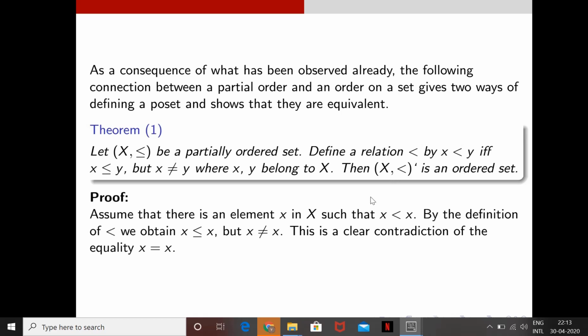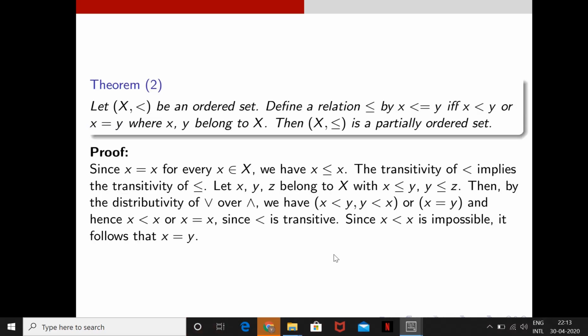Now this proof is also very simple, and it goes like this: assume that there is an element x in X such that x is less than x. By the definition of less than, we obtain x less than or equal to x, but x does not equal x. Now this is simply a clear contradiction of the equality x equal to x. So that's how we prove this with the help of a contradiction.